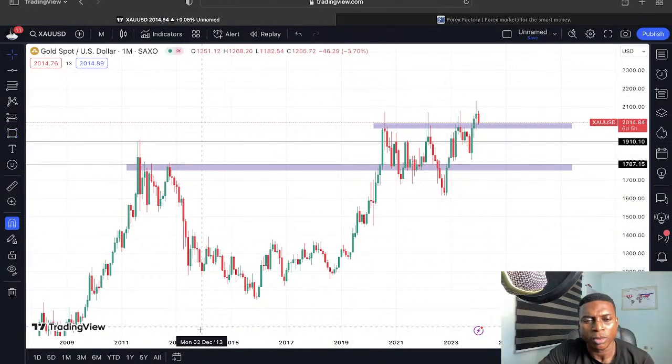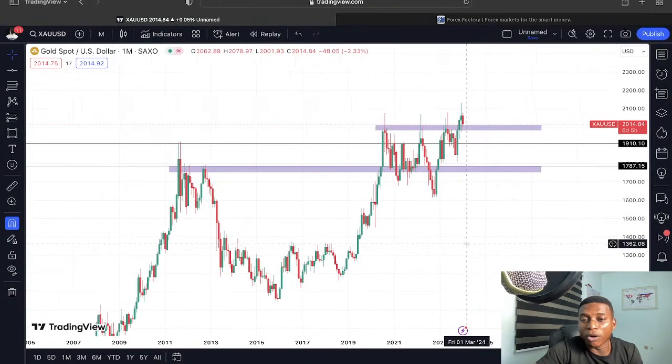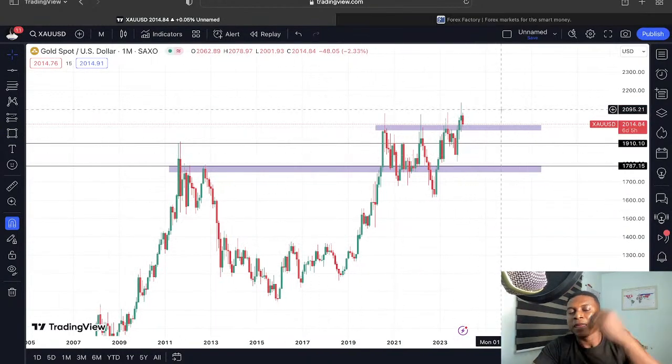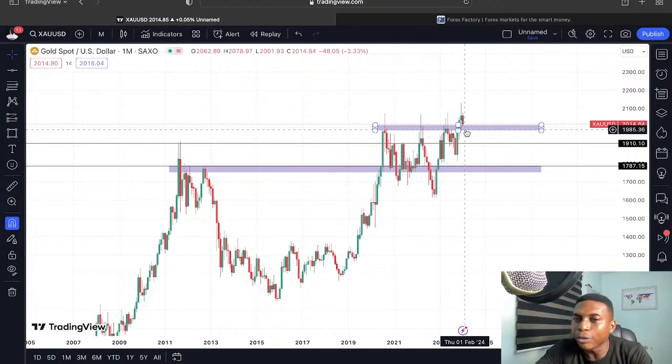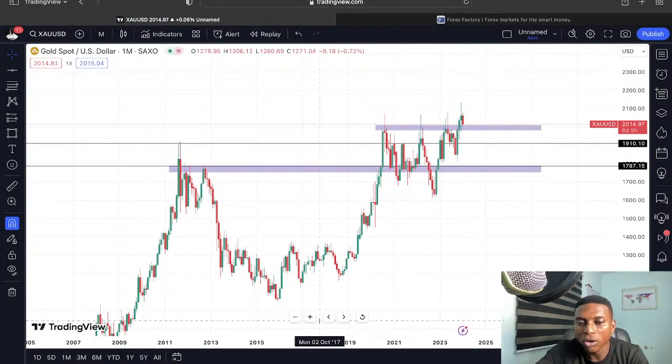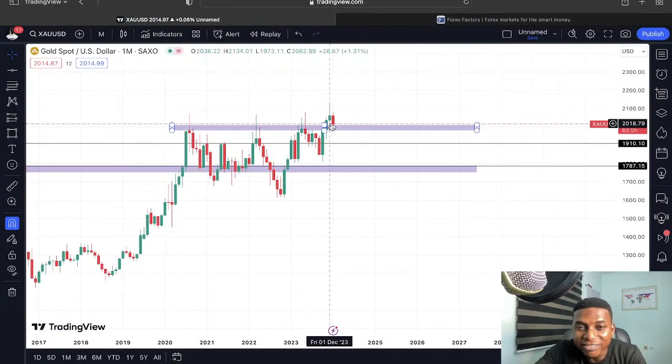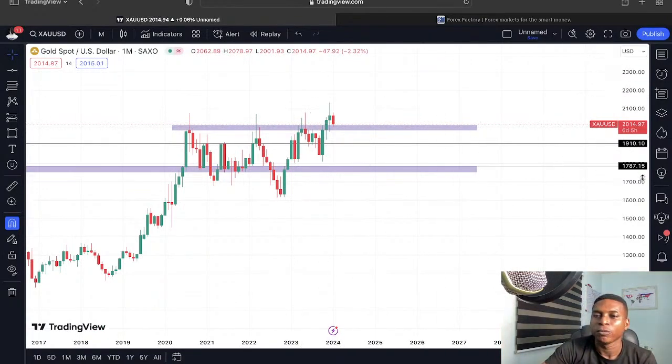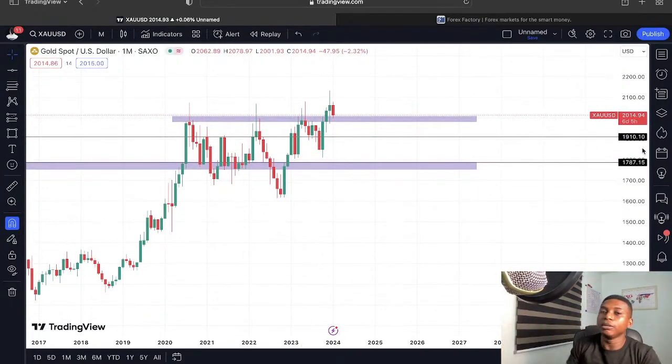So on the monthly time frame already, we can see that gold has broken out of a major, key resistance zone. One of the exciting things, because for gold traders now, it's a good position.